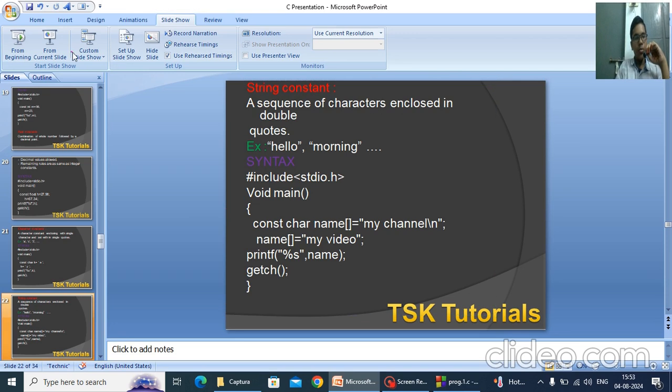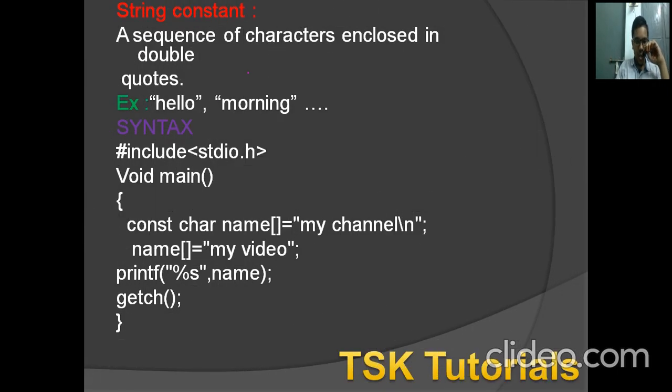Okay, let me come to the slideshow. I want to print my video in the next line. For the string, the predefined format specifier that you have to give is %s, as %d for integers, %f for float, and %s for string, and %c for characters.